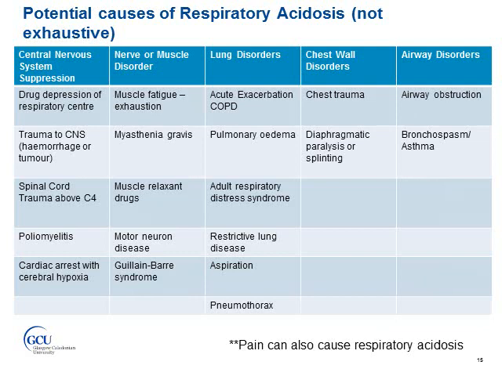There could be muscle fatigue or exhaustion, myasthenia gravis. If a patient has taken excess muscle relaxant drugs and are unable to breathe as well as they would have, motor neuron disease or Guillain-Barré syndrome. Disorders of the lung may also cause respiratory acidosis.